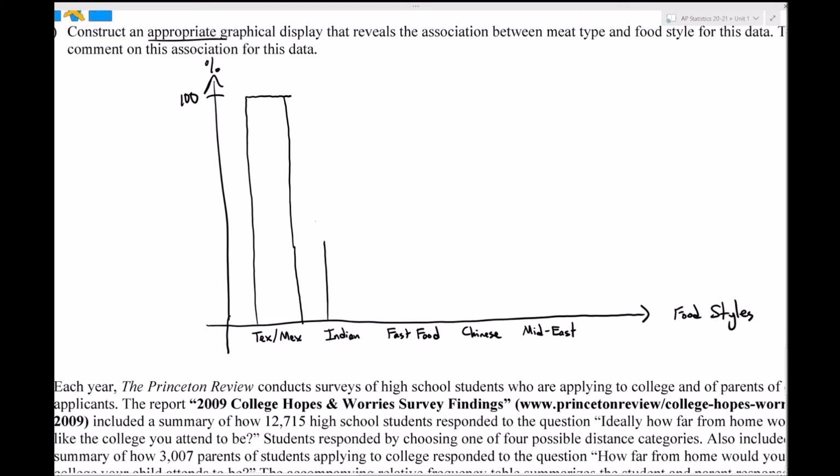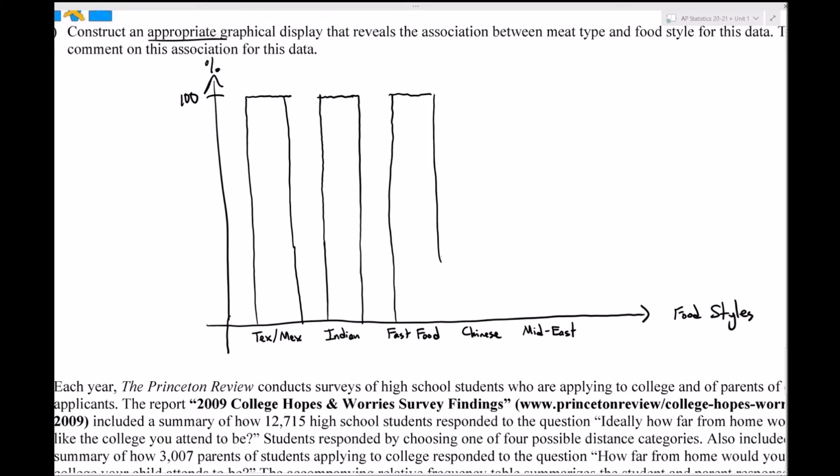The difference is how those segments are going to look inside the total 100%. That's where they're going to differ. Make sure they're approximately the same width. That way the only visible differences should be between the sizes of the segments themselves along the vertical axis.